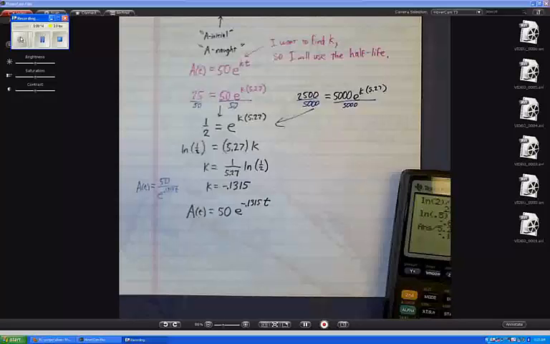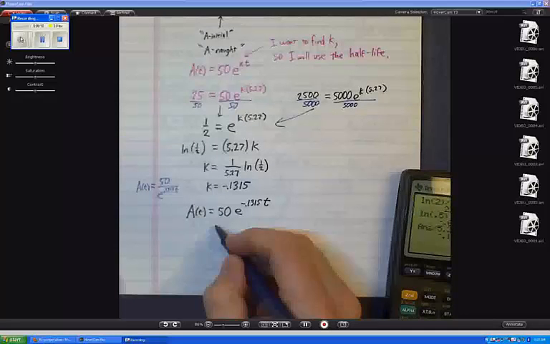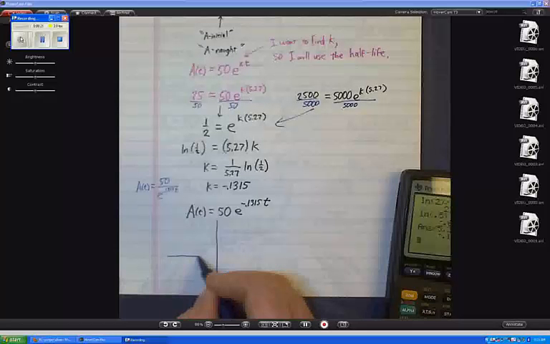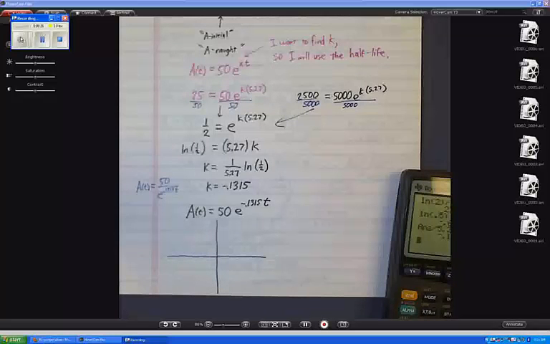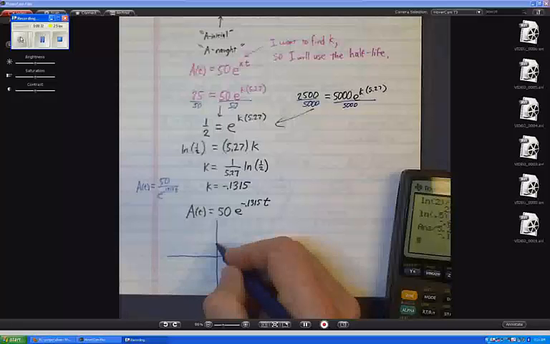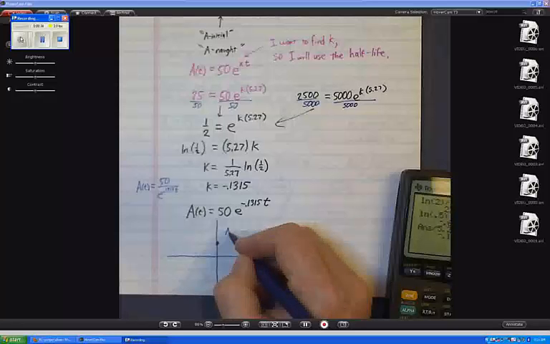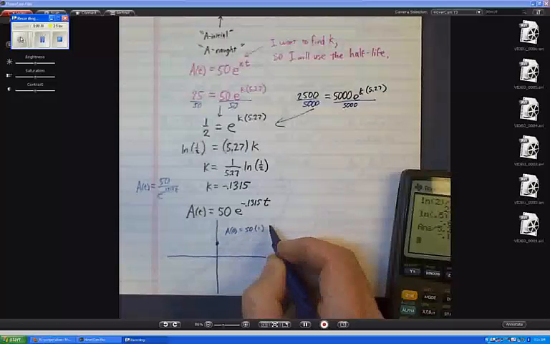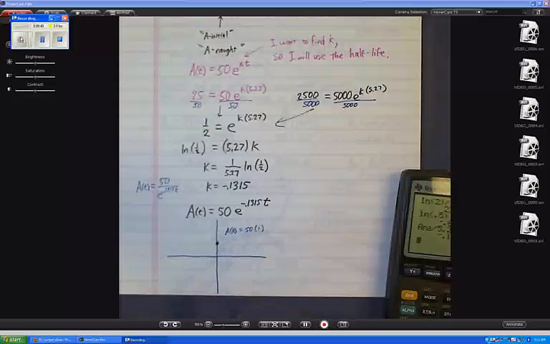Okay? Well, I'm just telling you it is. Anyways, I want to draw a picture of the graph. All right. What's A of 0 going to be? 50. That's right. A of 0 would be 50 times 1. Why is it times 1? Anything with a 0 power is 1. So it's 50, right?